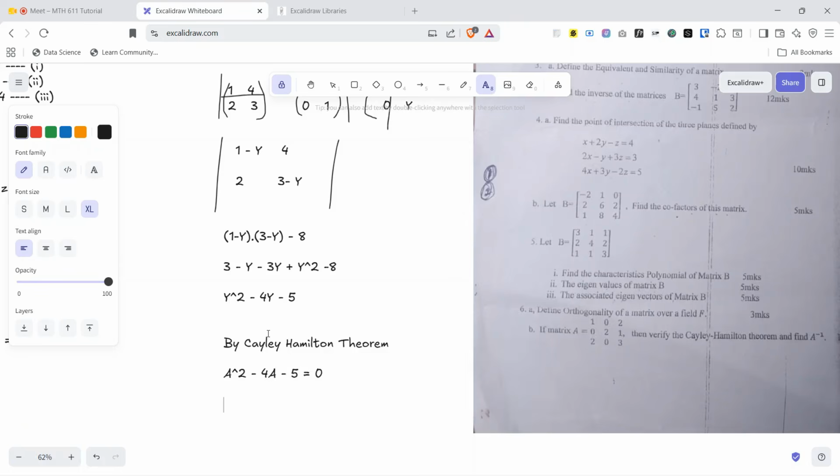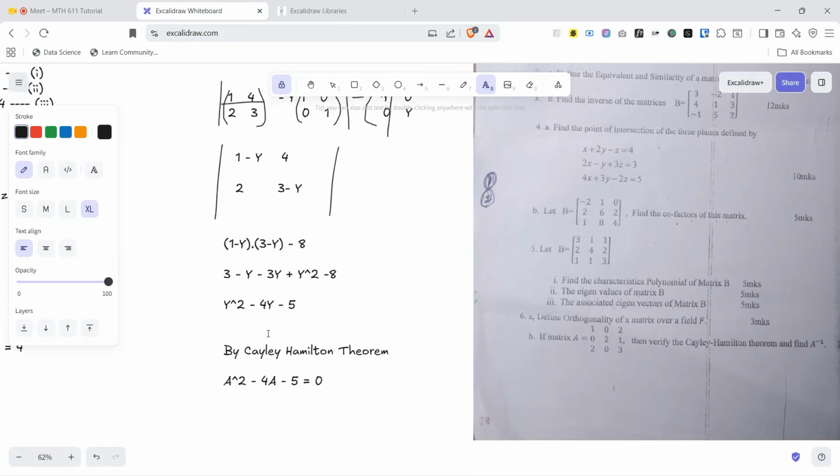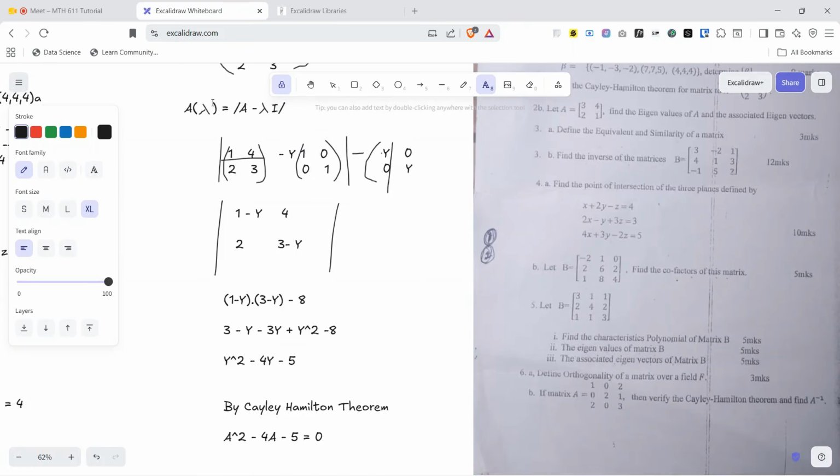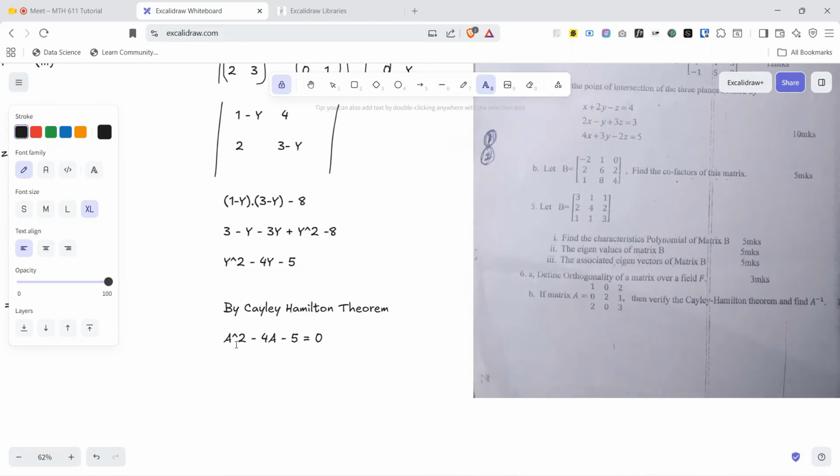In order to verify Cayley-Hamilton's theorem, you take the matrix A minus lambda I and solve it, and you are going to have lambda square minus 4 lambda minus 5. So you make this A raised to power 2 minus 4A minus 5 equals 0.